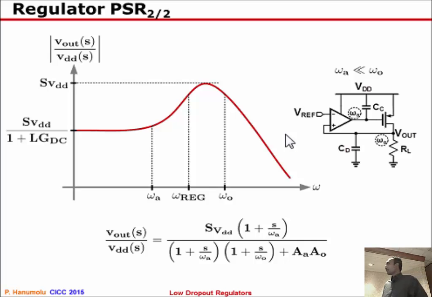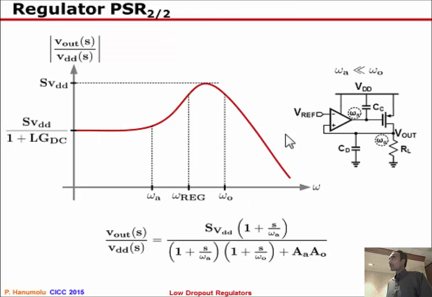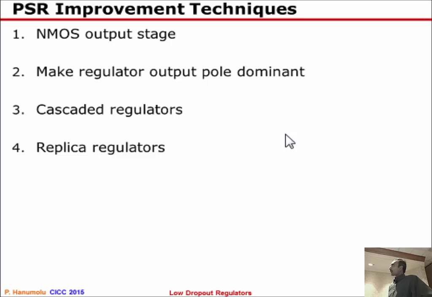Very high frequencies being beyond the second pole. Okay, so that is the typical power supply plot, and that is actually reflected by this transfer function, which one can calculate from first principles.